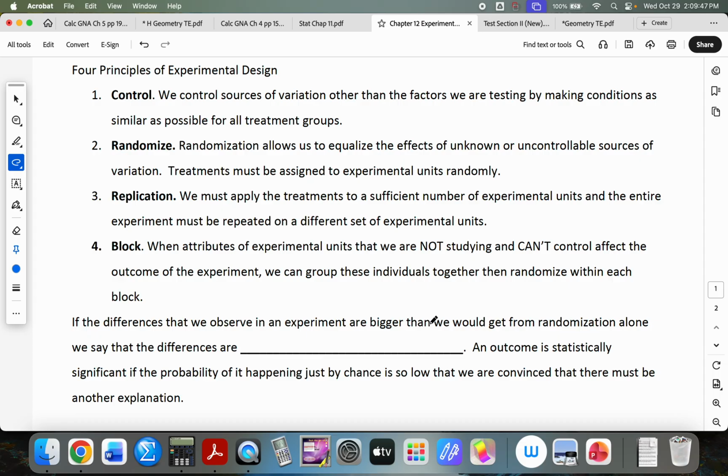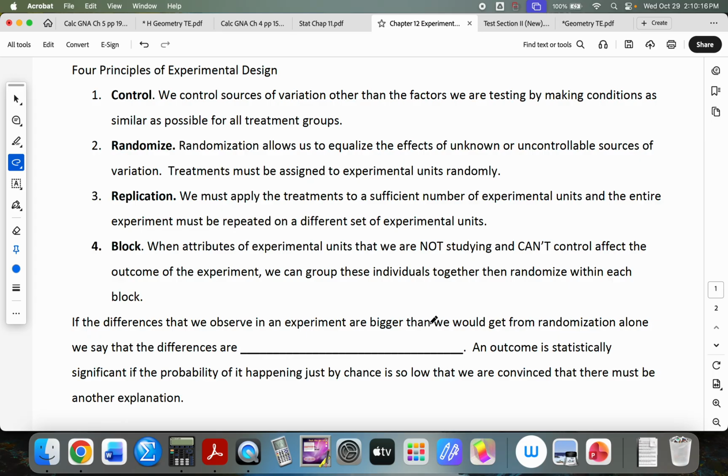One thing that we don't talk about very much when we set up our experiment is replication. You have to apply the treatments to a sufficient number of experimental units, and the entire experiment must be repeated on a different set of experimental units. So almost always when we set them up, we only do the experiment once.